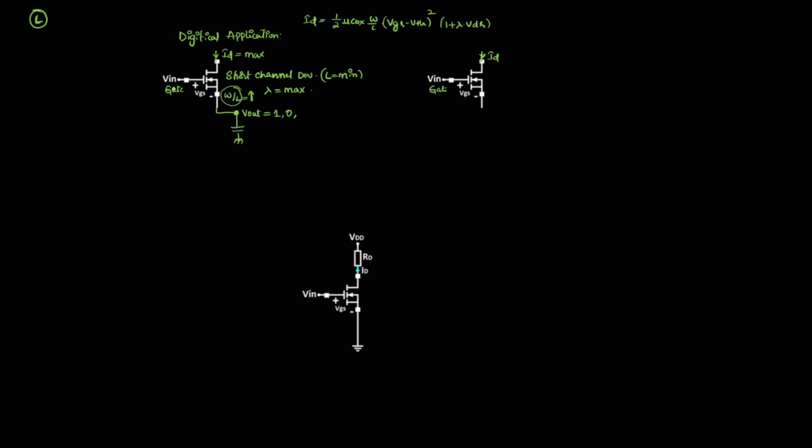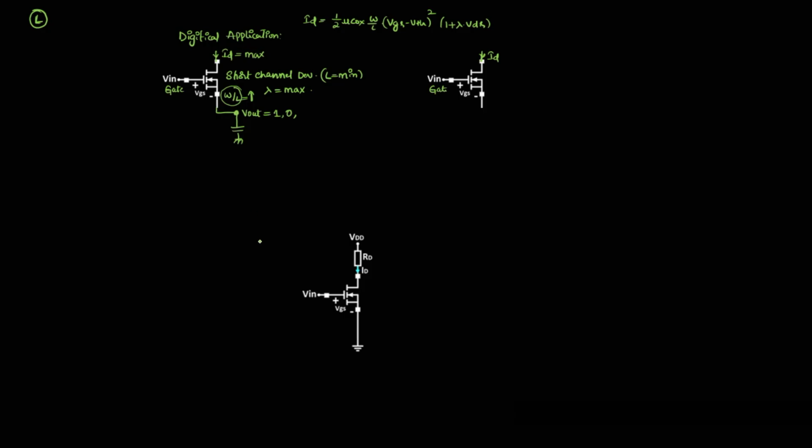I don't bother whether the drain is controlling or the gate is controlling. The ultimate requirement is to get ones and zeros at the output at high speed. From that point of view, I have to choose the length of the device as minimum as possible, so short channel devices are more apt for digital applications.